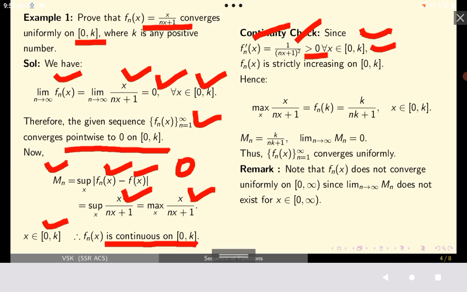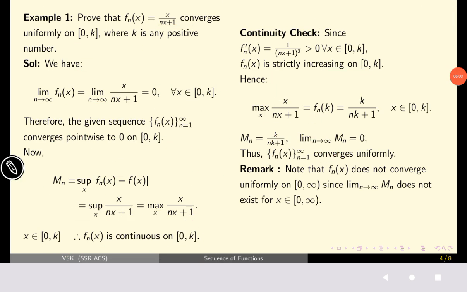This implies that f_n(x) is strictly increasing on [0, k]. Hence, the maximum value of x upon nx plus 1 will be obtained at the last point of this interval, the last point k. So that will be k upon nk plus 1.